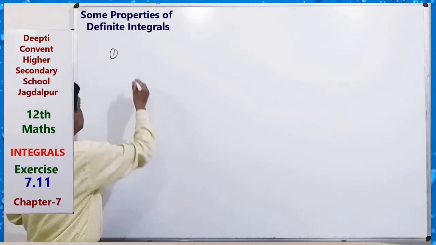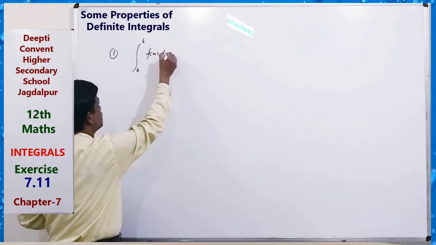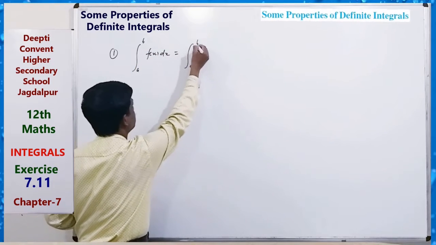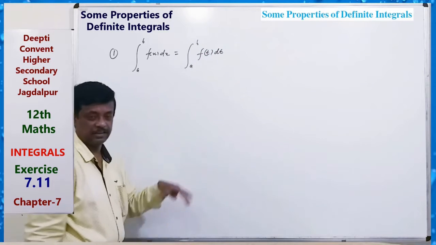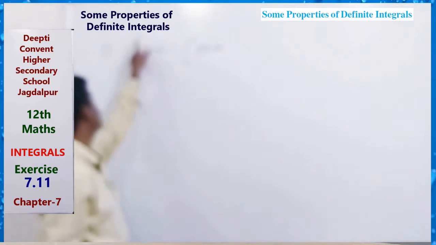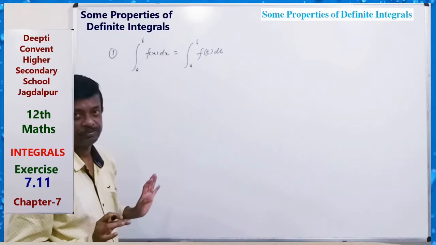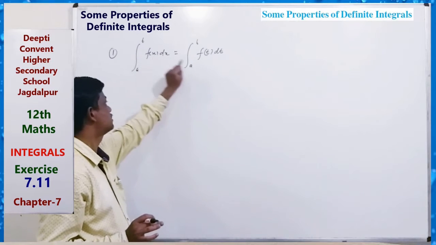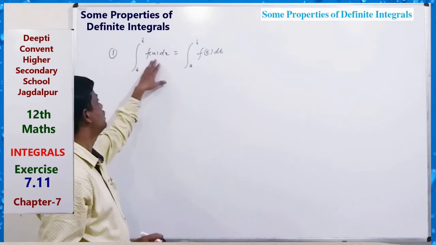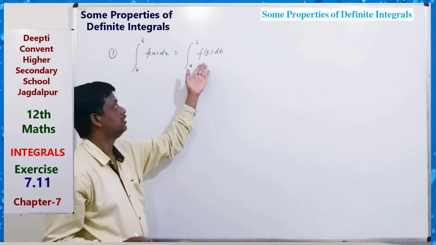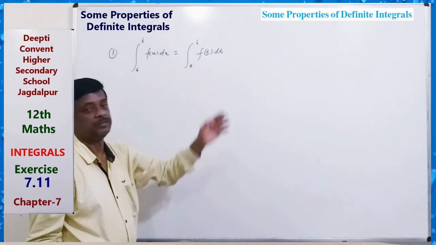Some properties first. The integral from a to b of f(x) dx equals the integral from a to b of f(t) dt. That means in the process of integration, with limits a to b, f(x) dx and f(t) dt both give the same value, because ultimately we get the value of this integral in terms of a and b, and here also in terms of a and b.